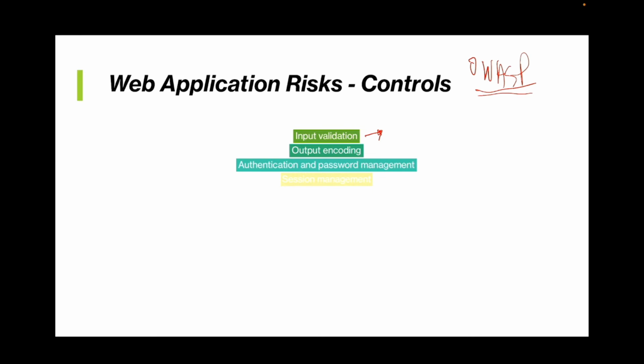Output encoding means only important outputs are shown to you, not everything is shown to you. Authentication and password management make sure that only your own account information is what you get. You don't have access to others within the shared application.